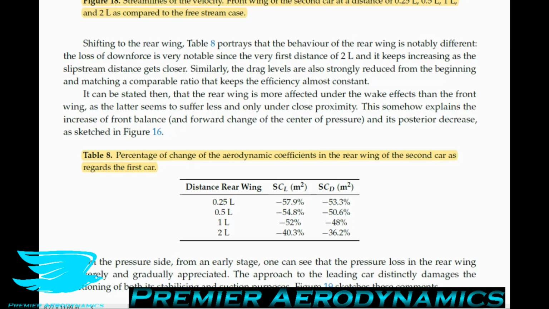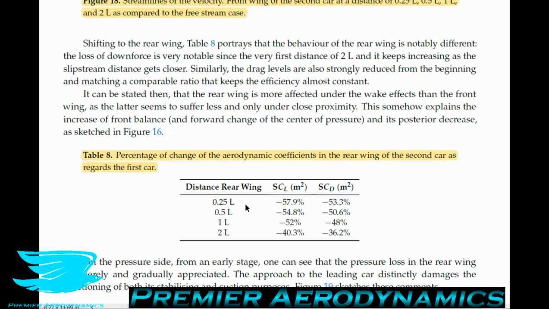Interestingly, the drag area and the lift area sort of reduce by about the same amount as you get closer to the upstream car. So that's quite interesting to see that relationship and how they stay sort of in check. So it can be stated then that the rear wing is more affected under the wake effects than the front wing, as the latter seems to suffer less and only under close proximity.